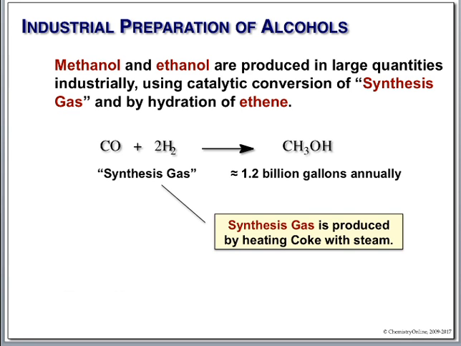You make synthesis gas by taking coke. Now, coke is coal. You take cheap Illinois coal. You heat it in a vacuum. That drives off all the volatile stuff. And you're just left with carbon. You take this carbon, you burn it, react it with hydrogen, and you can make methanol.